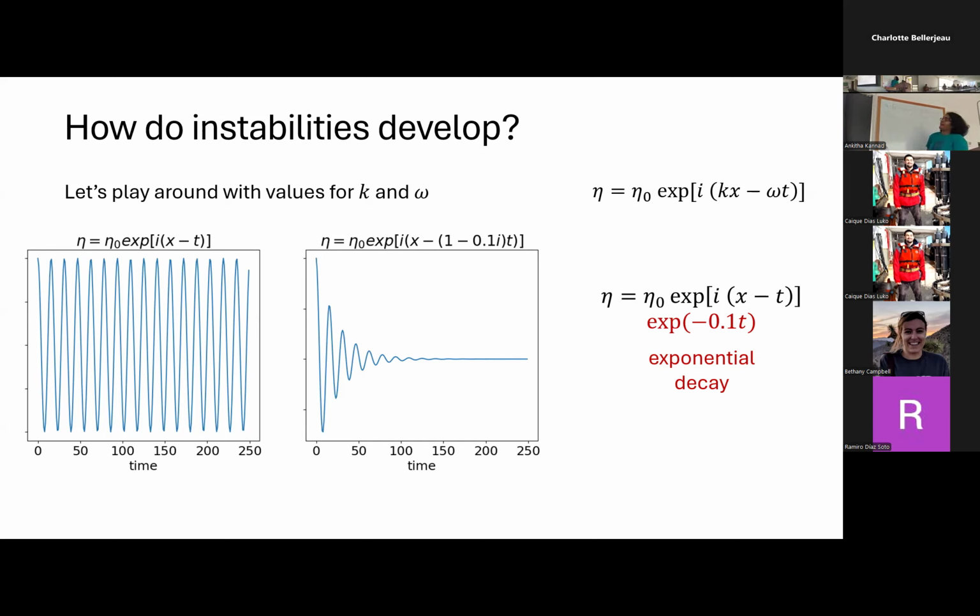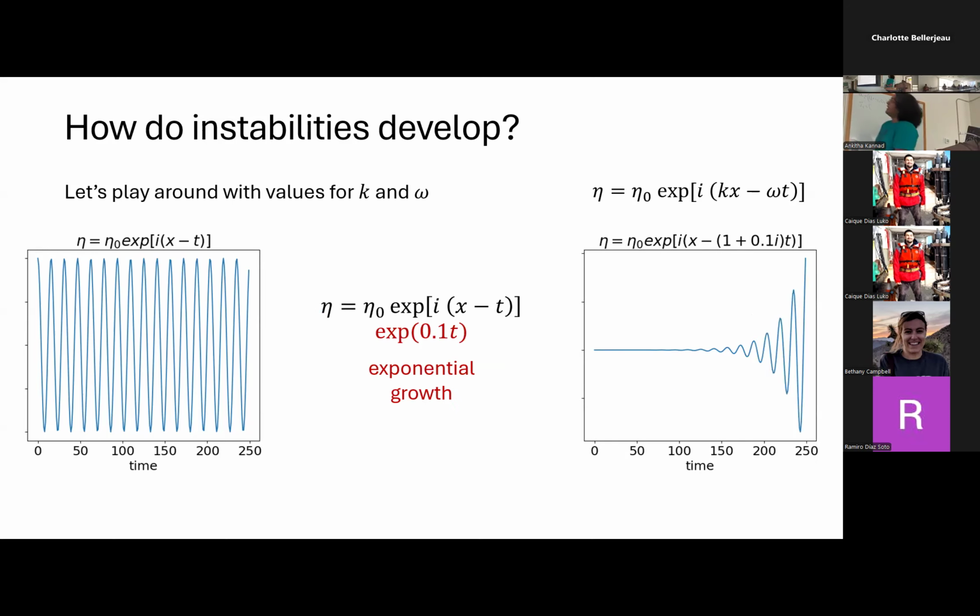That is a scenario where you have a negative omega, and that is also imaginary. Now, if you have a positive omega, you get a scenario where, when you expand that exponential, there's an exponential growth.